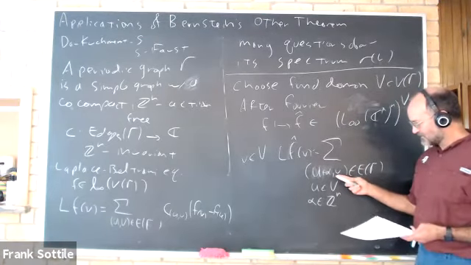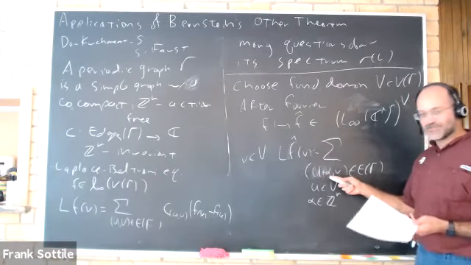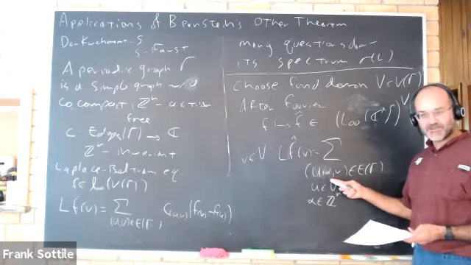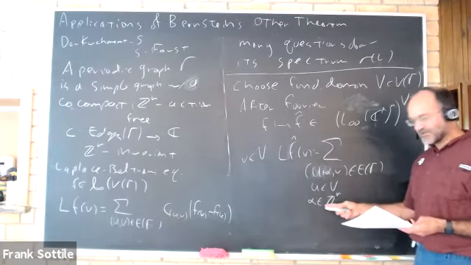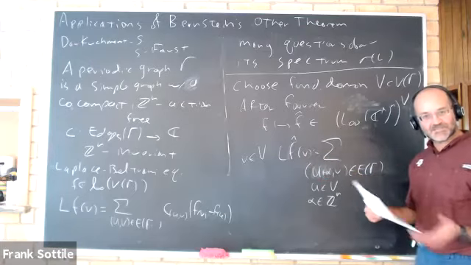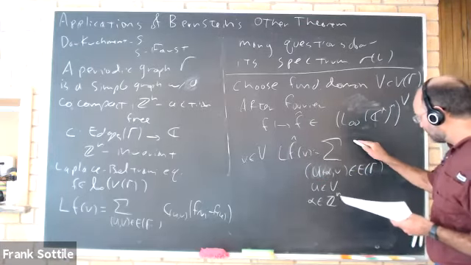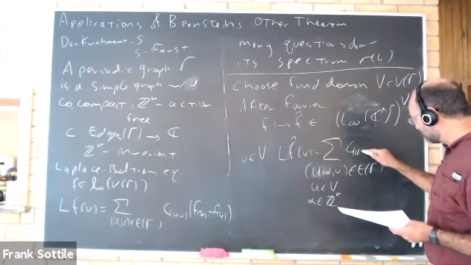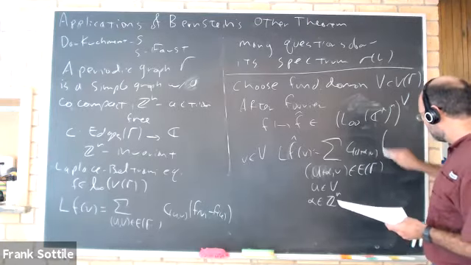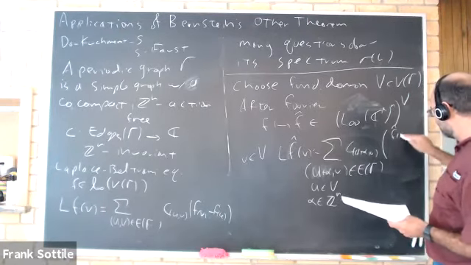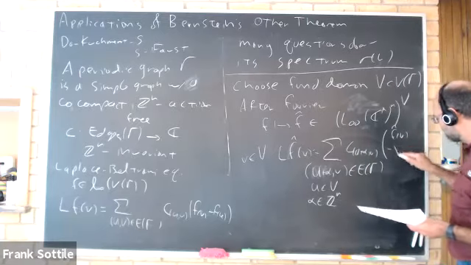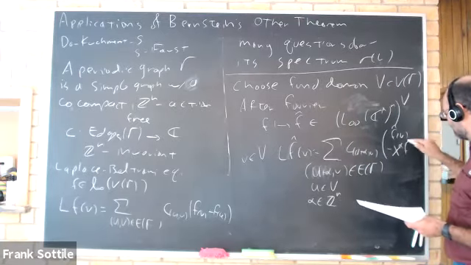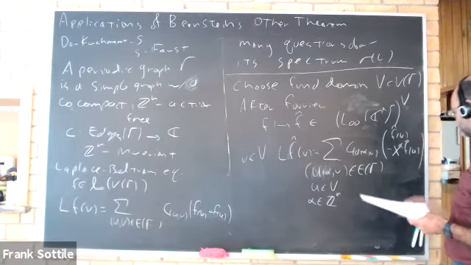So if there's an edge within the fundamental domain, alpha is 0. If it leaves the fundamental domain, like you see in my picture, alpha is whatever that translation is, which is naturally an exponent vector. And then you have c of u plus alpha, v, and then it's as usual f hat of v, but now it's minus x to the alpha f hat of u.